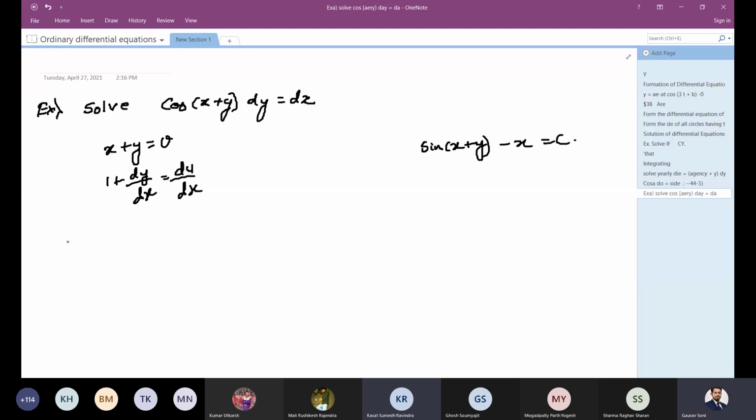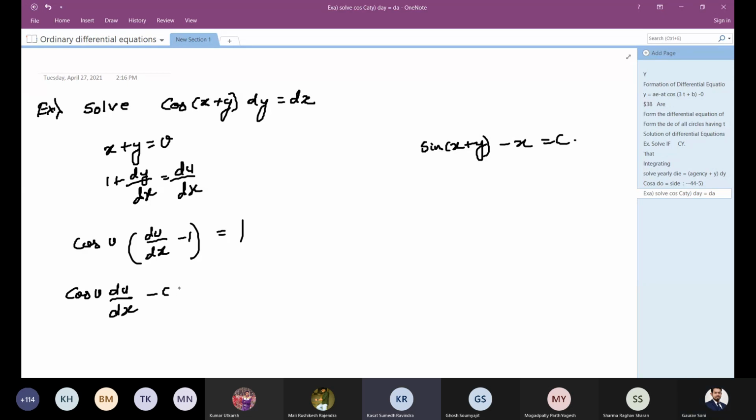Okay, we'll solve it. Just a minute. So that will become cos u dy by dx is nothing but du by dx minus 1 equal to 1. Sir, I forgot to take minus 1.